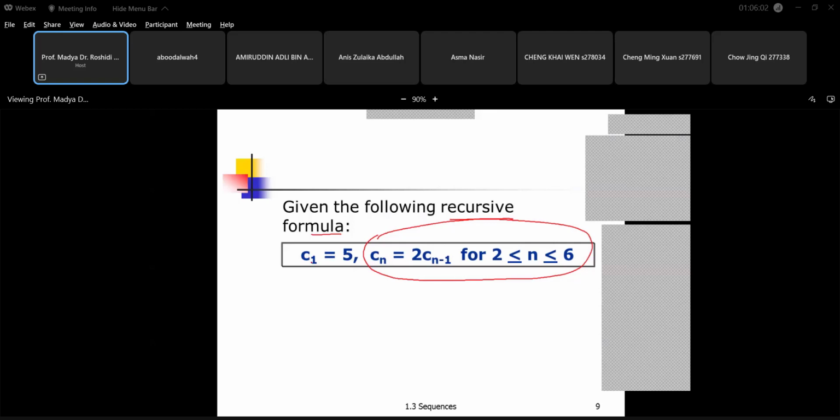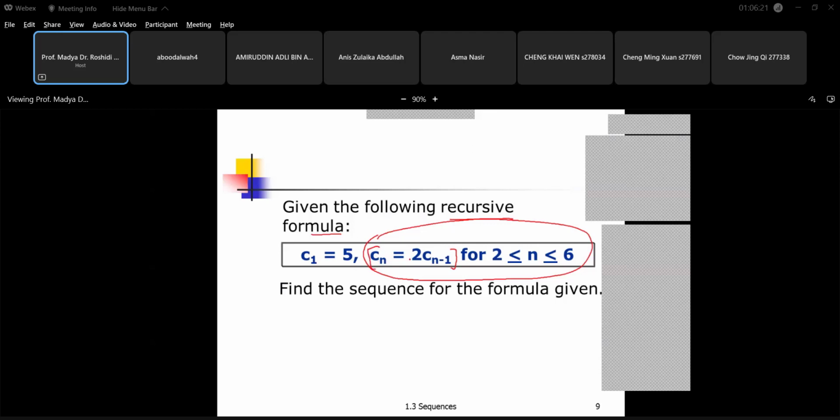So we put C1. C1 means the starting place of the sequential. So the question asks you, please list this sequential.